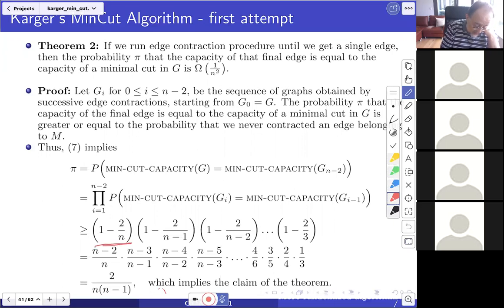So 2 over n is the probability that you will mess up. Then 1 minus 2 over n is the probability that after the first contraction, the capacity of the min cut will be the same.